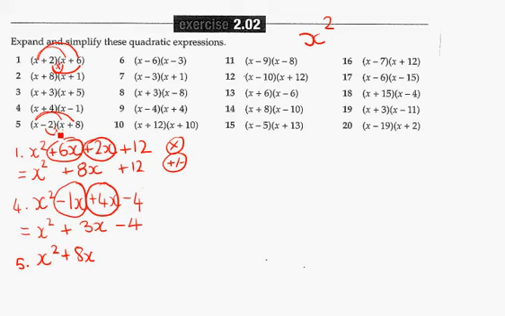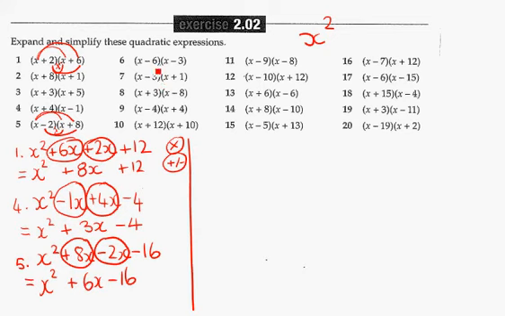Now we'll get negative 2 times x, will be minus 2x. And we'll get negative 2 times positive 8, should be negative 16 on the end. Gathering up the like terms in the middle, we've got 8x take away 2x, plus 6x minus 16.